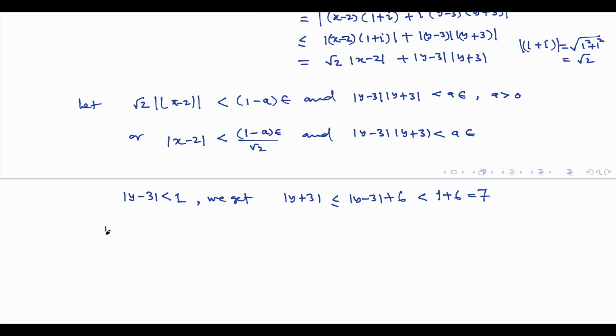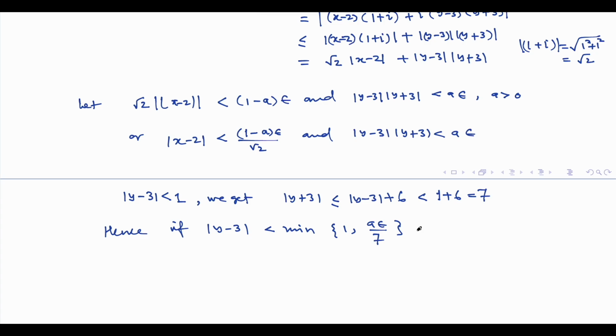Hence, if your |y minus 3| is less than minimum of 1 comma a epsilon by 7, right?